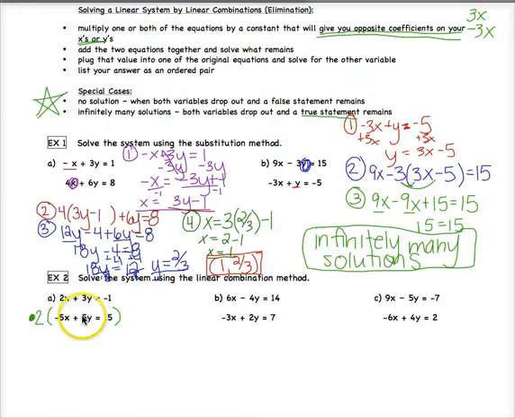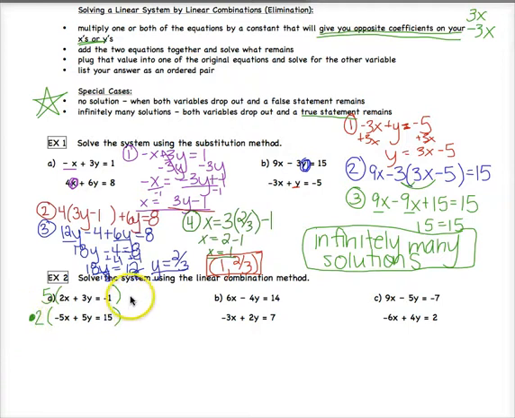So that's going to give me negative 10 on my x's. If I have negative 10 on my x's, that means I want positive 10 for the top equation's x's. So to get positive 10 when I have 2, I need to multiply by 5. So this is step 1. That's what I need to multiply by.